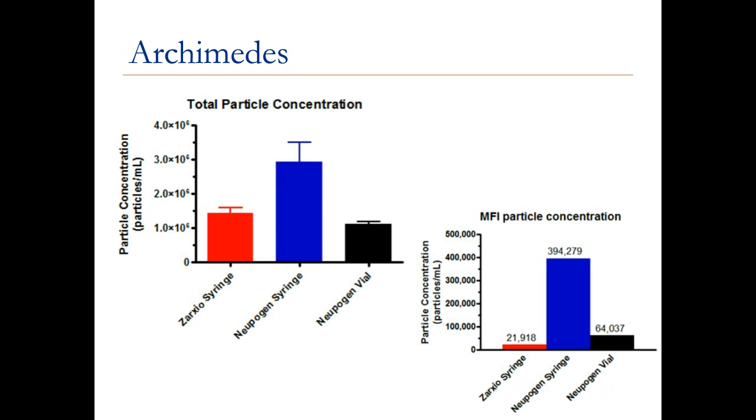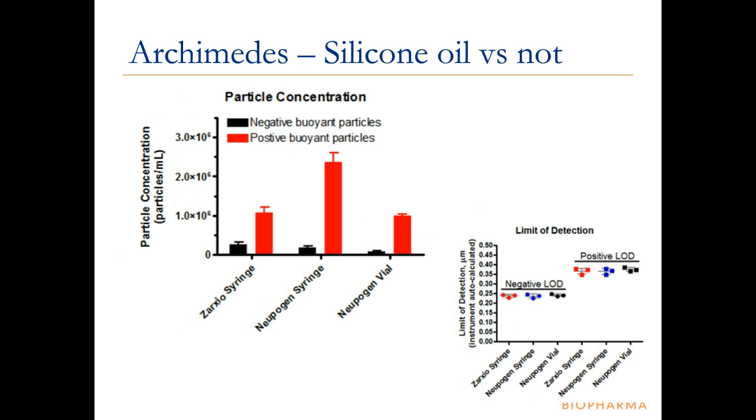So what we see when we run the samples by Archimedes is that it agrees well with MFI, shown in the bottom right, that the Neupogen does indeed have higher particle concentrations compared to the Zarcio syringe. But the nice thing about Archimedes is we can tweeze this out to understand silicon oil versus not based on buoyancy. Silicon oil will float as it flows through that channel, whereas something like protein or other material will likely sink.